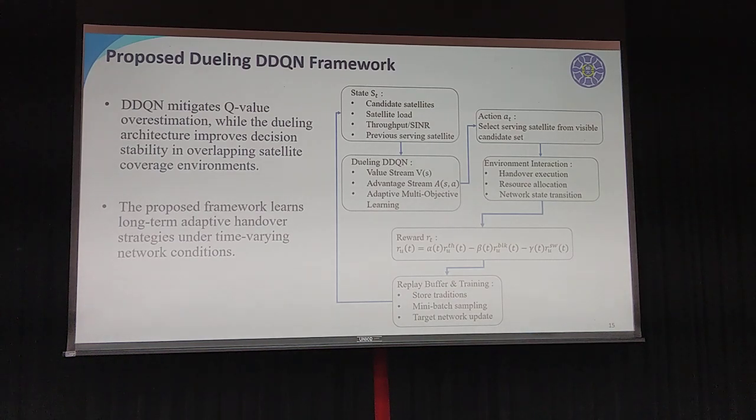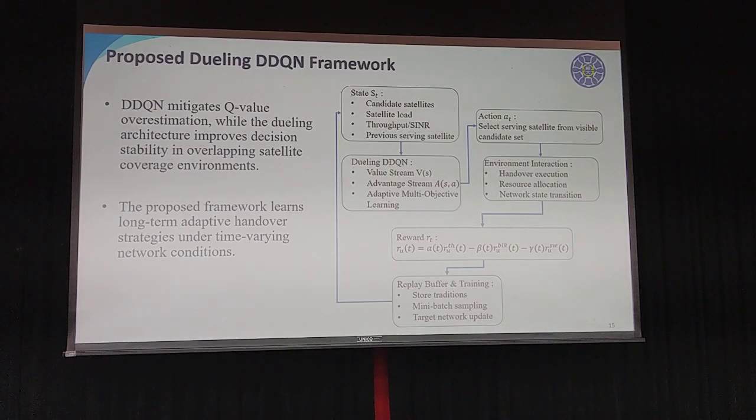This slide shows the overall architecture of the proposed framework. The dueling DDQN contains two streams, the value stream and the advantage stream. The value stream evaluates how good the current state is, while the advantage stream evaluates which action is better under the current state.